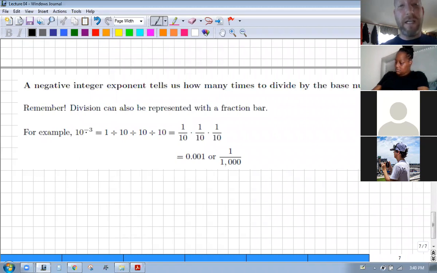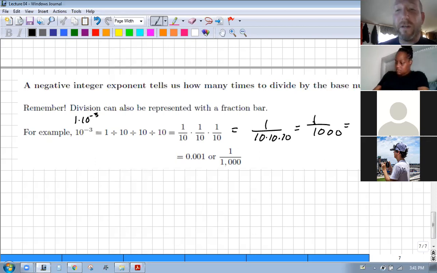So 10 to the negative third, which is the same as 1 times 10 to the negative third. We're taking that 1 and dividing it by 10 3 times. So it's 1 over 10 times 10 times 10, which is 1 over 1,000, or 0.001.